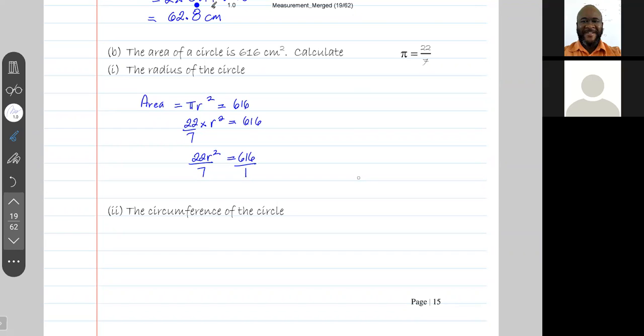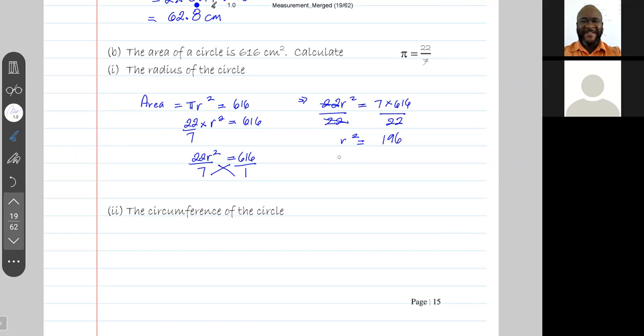If I have one fraction equal to one fraction, I would cross multiply. So therefore, 22 r square is equal to 7 times 616. All right, divide both sides by 22. And I'm going to get that r square is equal to 7 times 616 divided by 22. This is 196.